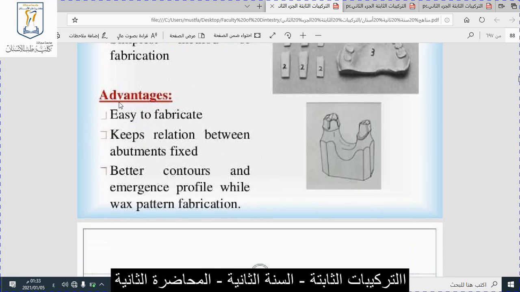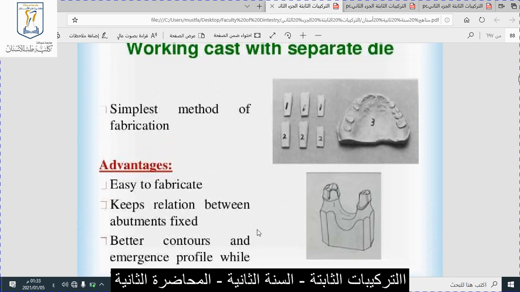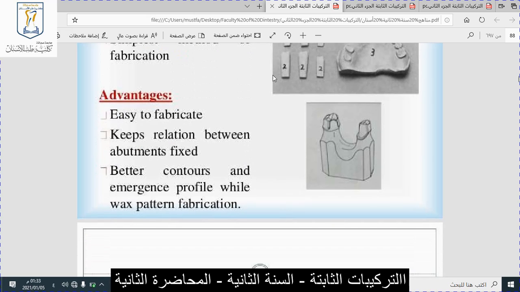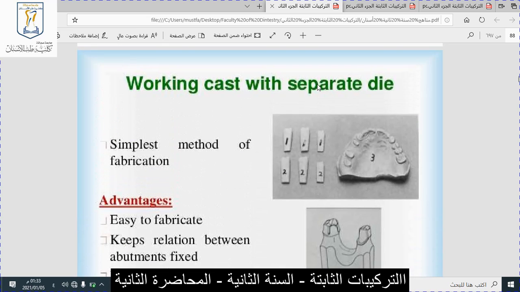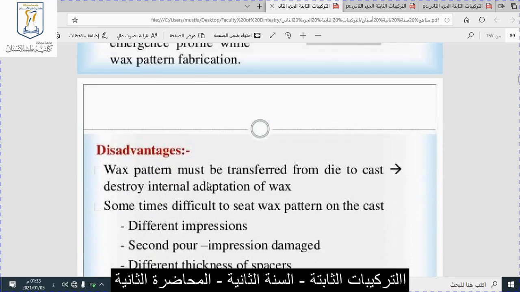Advantage: easy fabrication. Key relation between the teeth and abutment, what you see in the pictures. Better contour, emergence profile, and better adaptation to the margins.